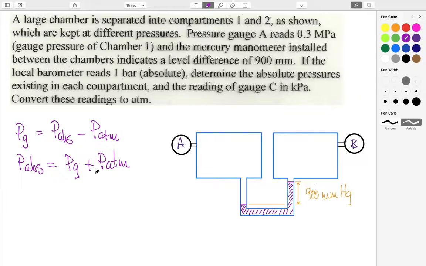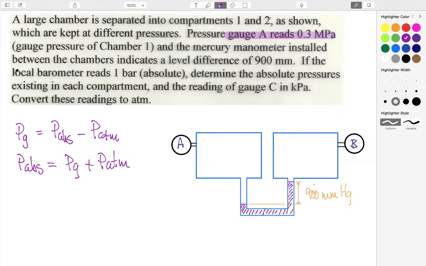So we're going to have to keep that in mind. Not only are we going to have to pay attention to this gauge pressure, but we're going to have to pay attention to the absolute pressure. I'm just going to highlight a couple of things here that we're going to be computing. We know the pressure reading of gauge A is 0.3 megapascals.